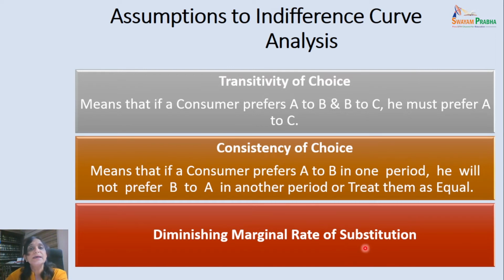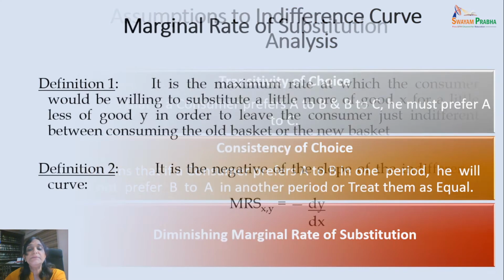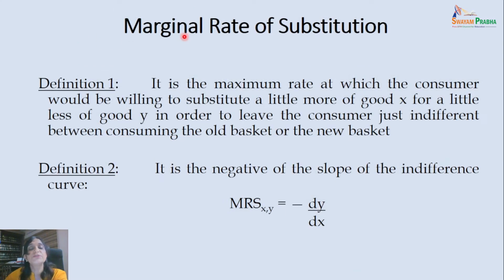Substitution means taking one instead of another. So let us understand what we mean by diminishing marginal rate of substitution. But before that, let us understand this term marginal rate of substitution. What we are assuming is that this marginal rate of substitution is diminishing. It is declining. But what is the definition of this marginal rate of substitution?